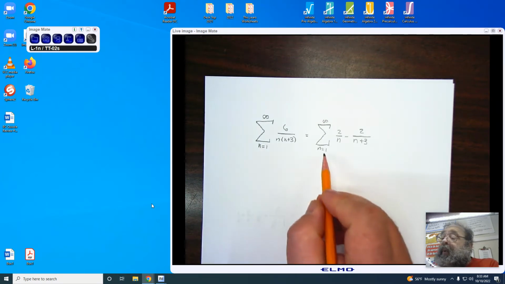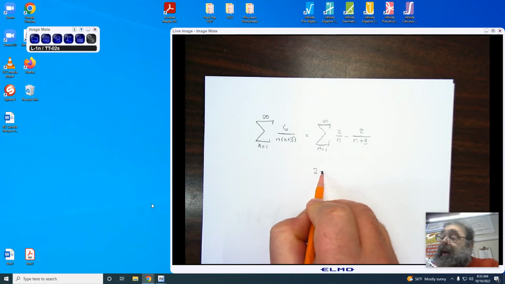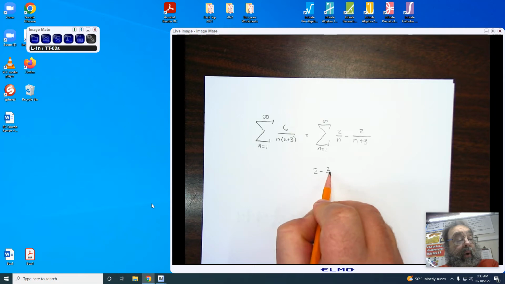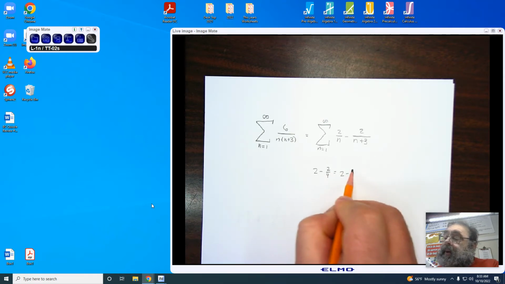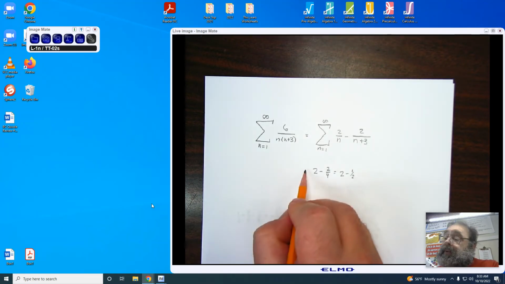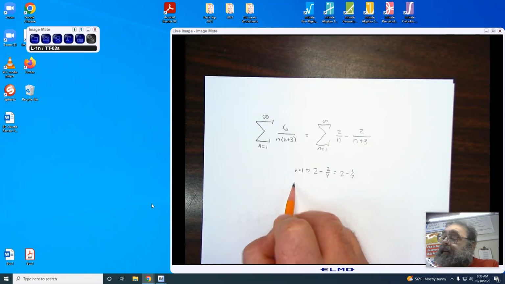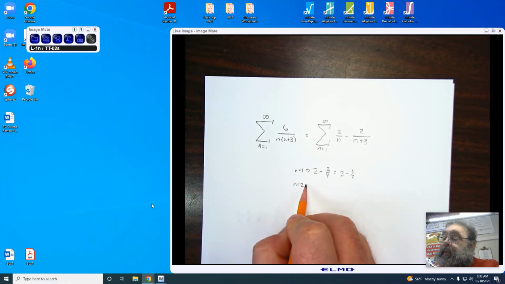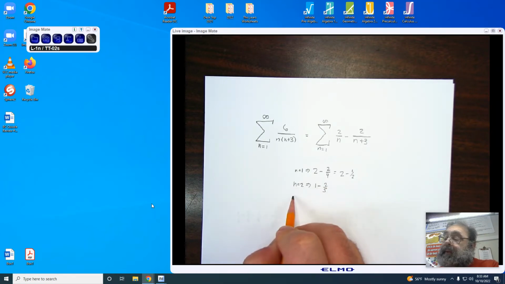But you'll notice if I put in a 1, I end up getting 2 minus 2 over 4, which is really 2 minus 1/2. This was with n equals 1, keep that in mind. If n equals 2, we're going to have 1 minus 2/5.